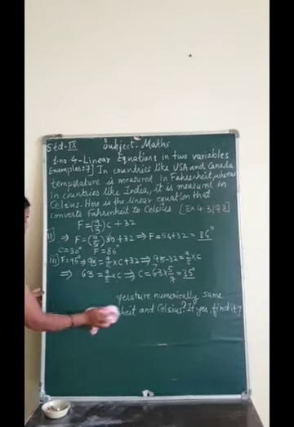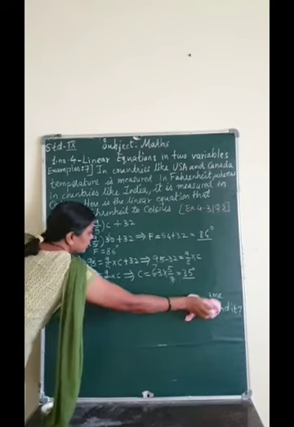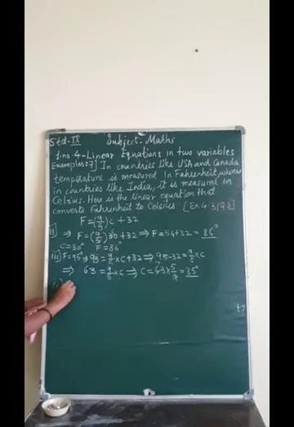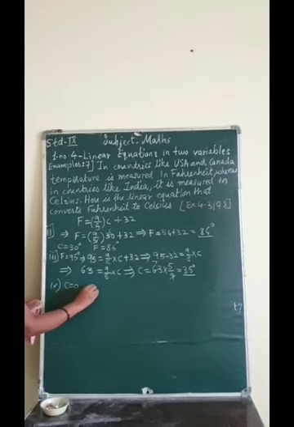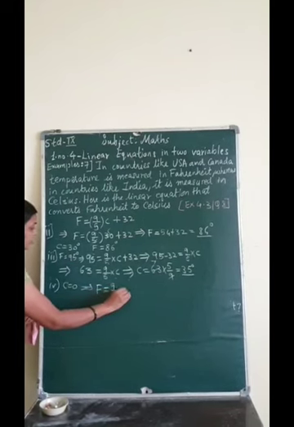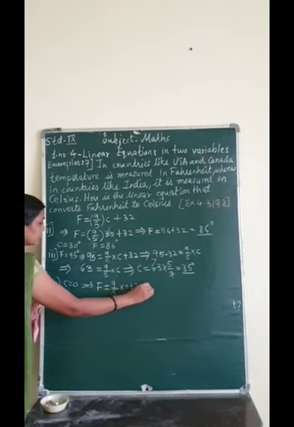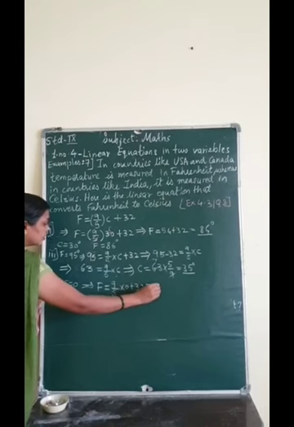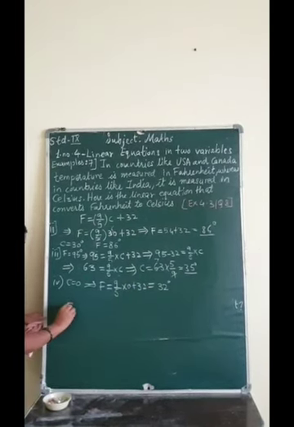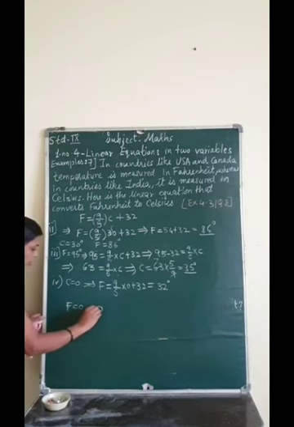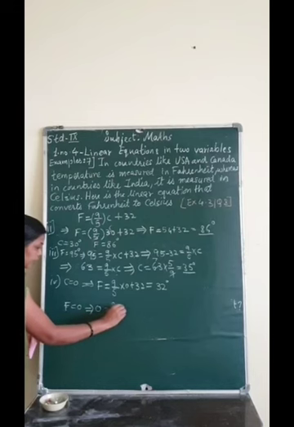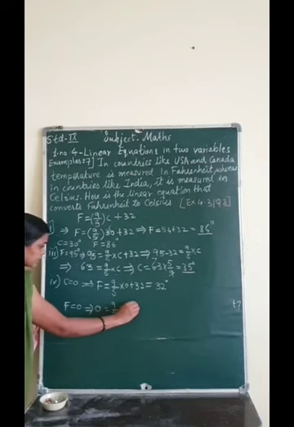Then the fourth question we have asked, when C is 0. If C is 0, then F will be 9 upon 5 into 0 plus 32. So that gives us 32 degree. When F is 0, so 0 is equal to 9 upon 5 into C plus 32.